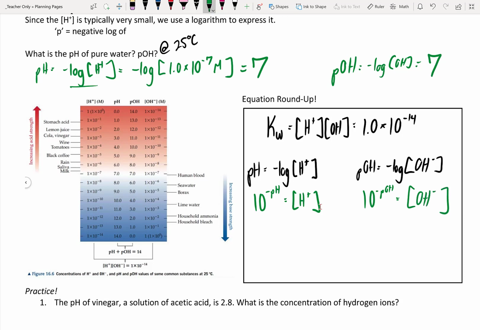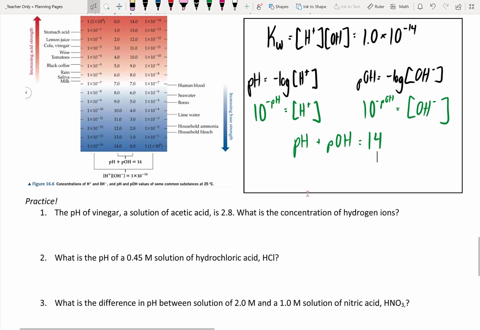And because these concentrations always multiply to 10 to the negative 14, pH plus pOH will always be 14. And these equations allow us to calculate lots of different things. Let's go ahead and put them into practice.